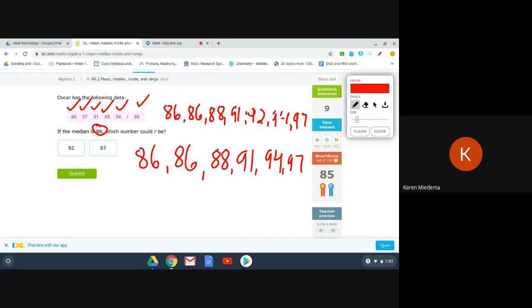And let me see if that gives me a median of 88. Let's check it. So in order to check for the median, this one's going to cancel out with that one. 86 cancels with 94. 88 cancels with 92. And my median, if R is 92, my median would be 91, not 88. So I know that that can't be correct.